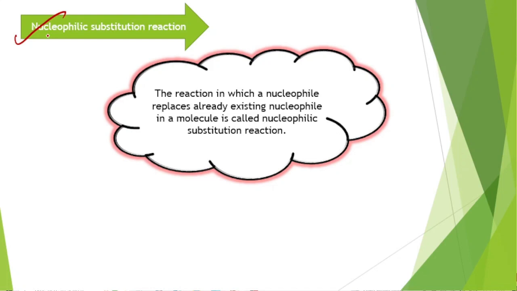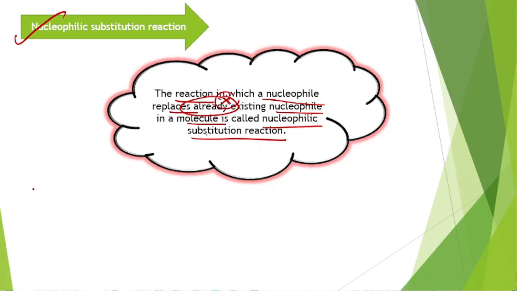In this reaction there will be one nucleophile already existing, and that will be replaced by another nucleophile. The reaction in which a nucleophile replaces the already existing nucleophile in a molecule is called nucleophilic substitution reaction. This word 'already' is important.